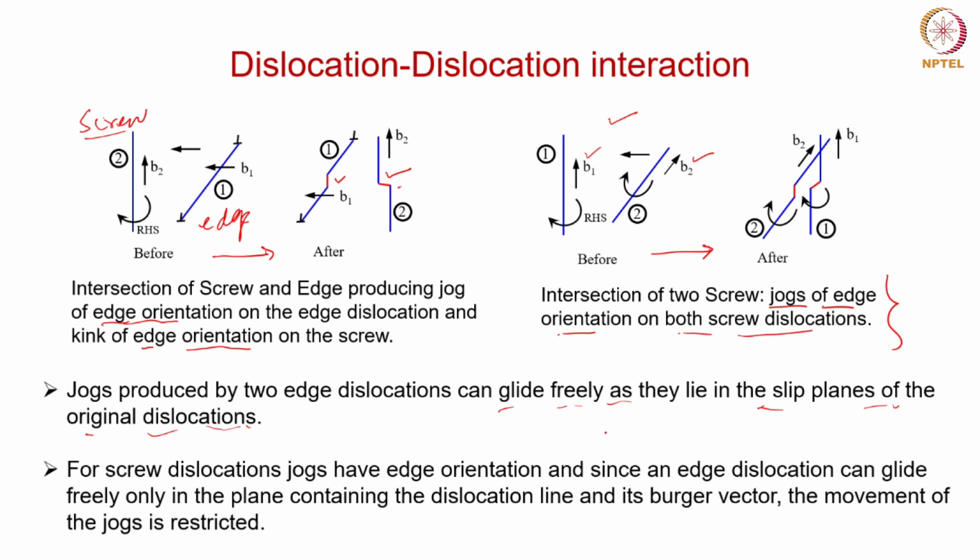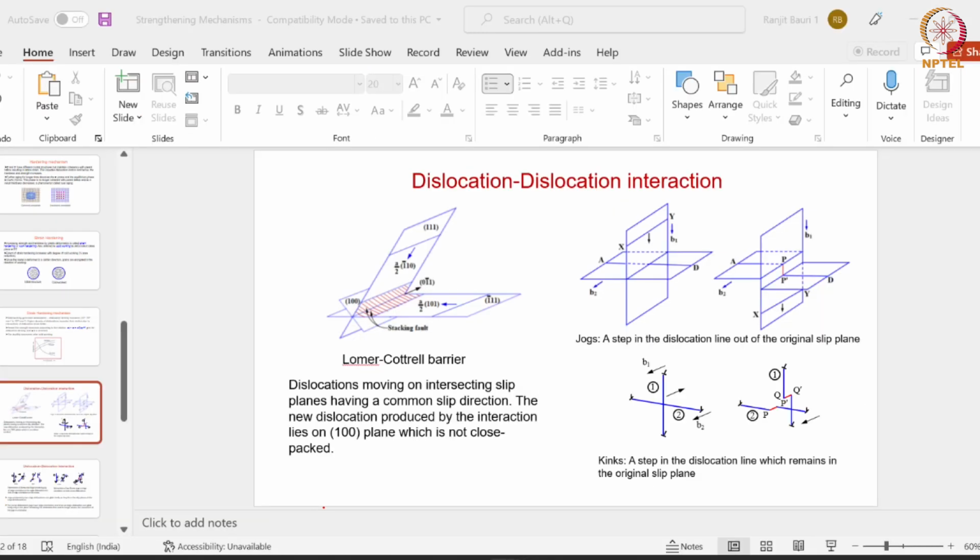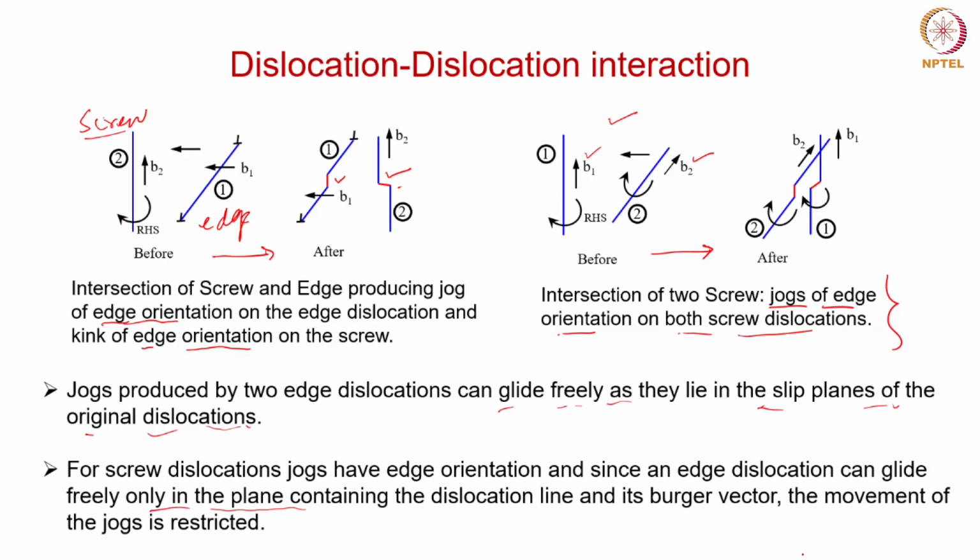But on the other hand, if you look at the screw dislocations, the jogs which are created on the screw dislocations have edge orientation, as I said before. And since an edge dislocation can glide freely only in the plane containing the dislocation line and its Burgers vector, the movement of such jogs created on screw dislocations will be restricted, right?